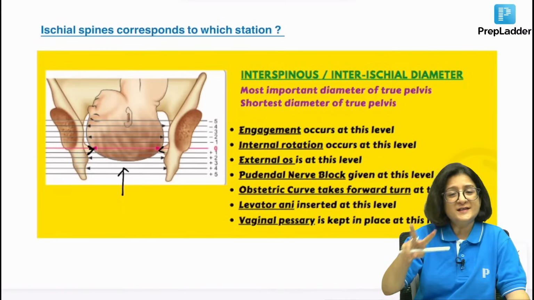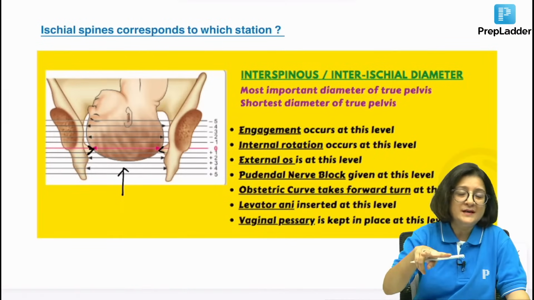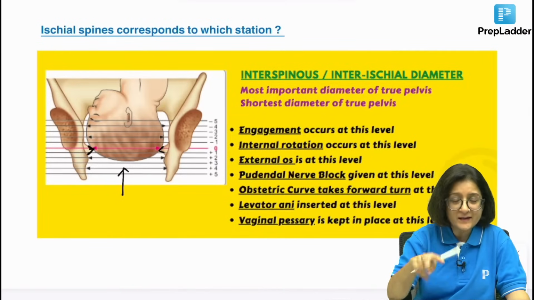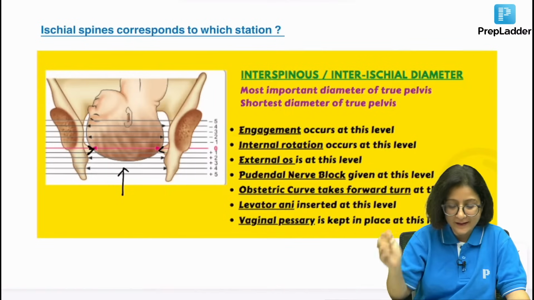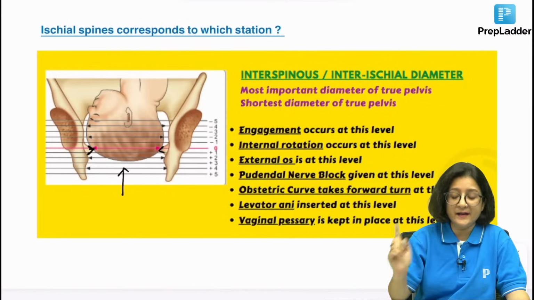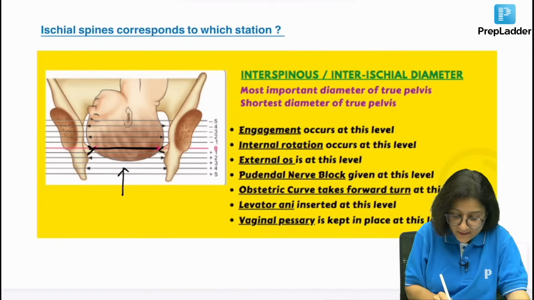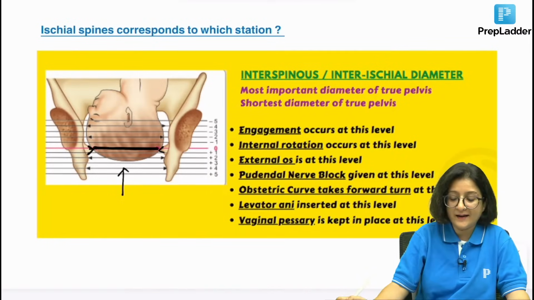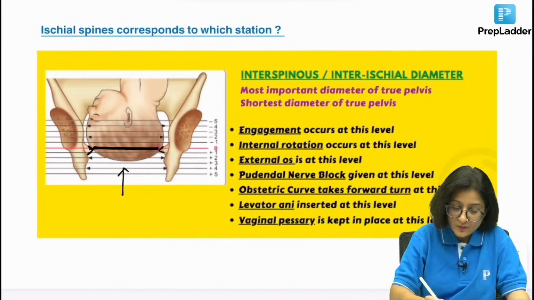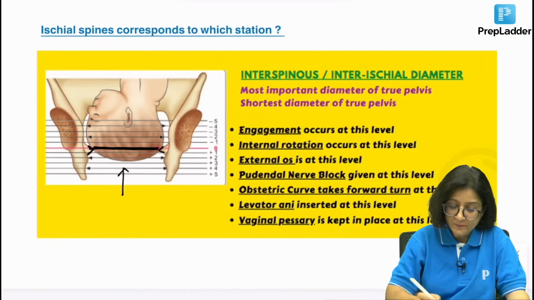The 2 ischial spines cannot be palpated simultaneously, right? So we get an idea clinically about the interischial spine diameter, okay? So this is here. Interischial spine diameter, IID, is here, okay? So important key pointers here.